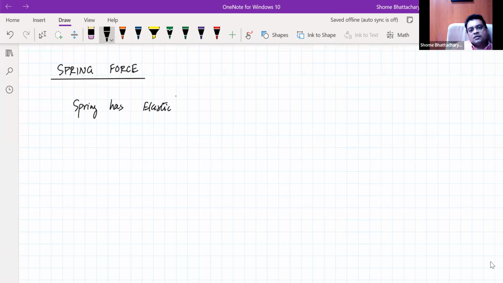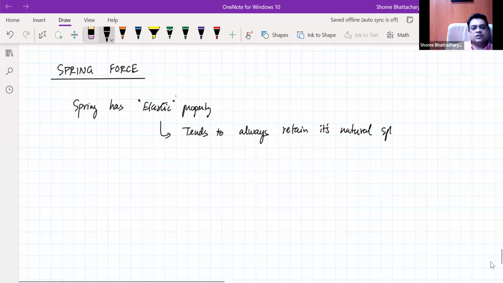Just like a rubber band, it has an elastic property, which is basically a property whereby it tends to always retain its natural shape. And it does this by applying something called a restorative force, which in the language of mechanics we can also call tension.